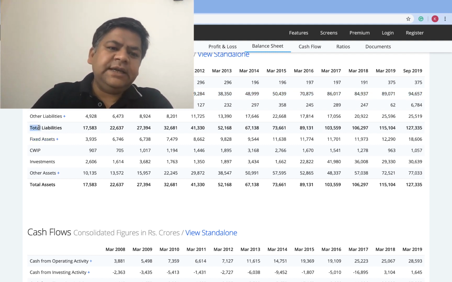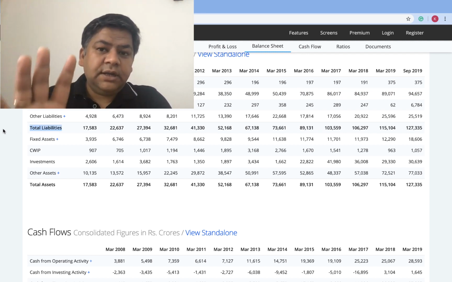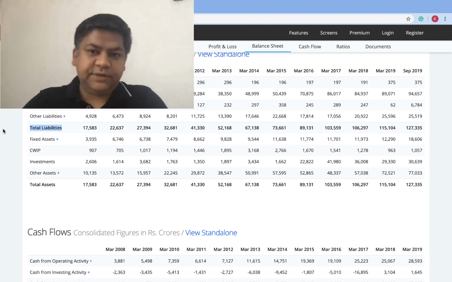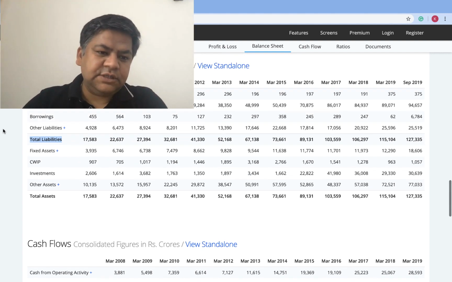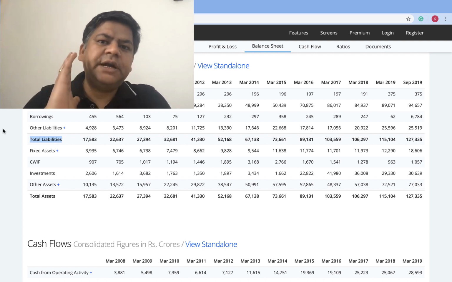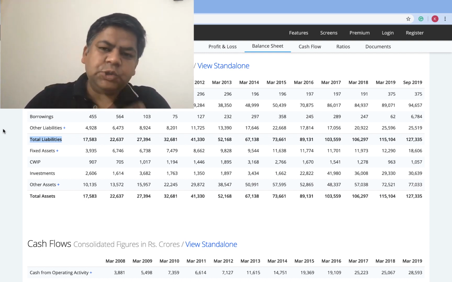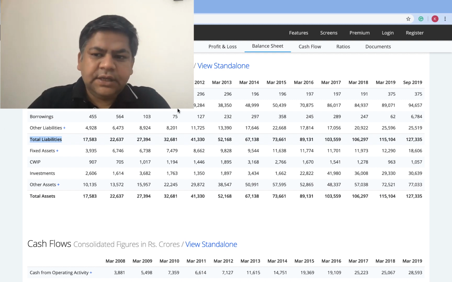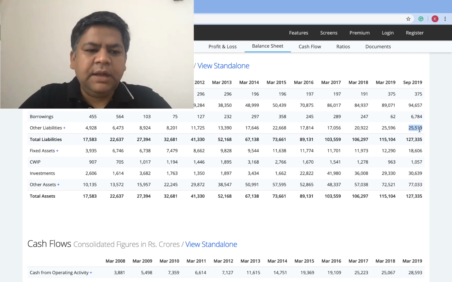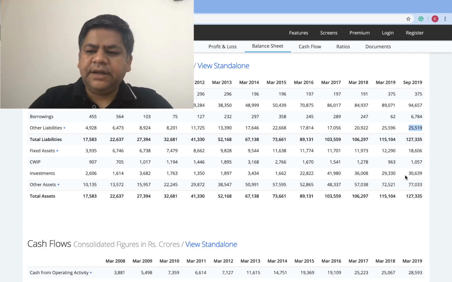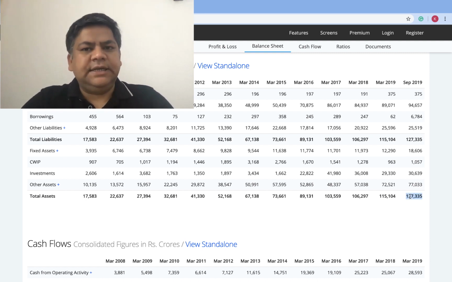This they are writing as a total liability. However, it should be called liability plus shareholder equity. I'm not saying the screener has made any mistake, because this is how people always remember and refer to it, as the total liability. But what you have to remember is that this liability, borrowing and other liability, is something you have to sum, and you have to subtract it from the total asset.